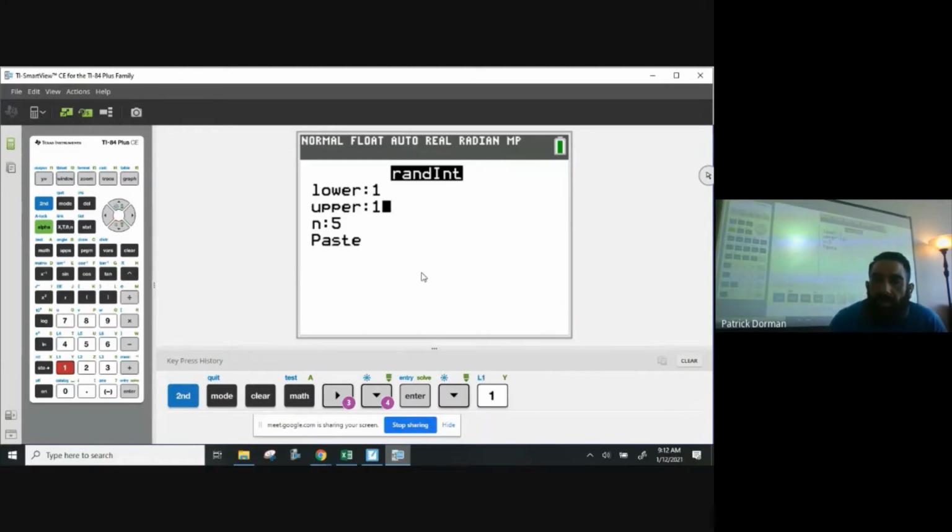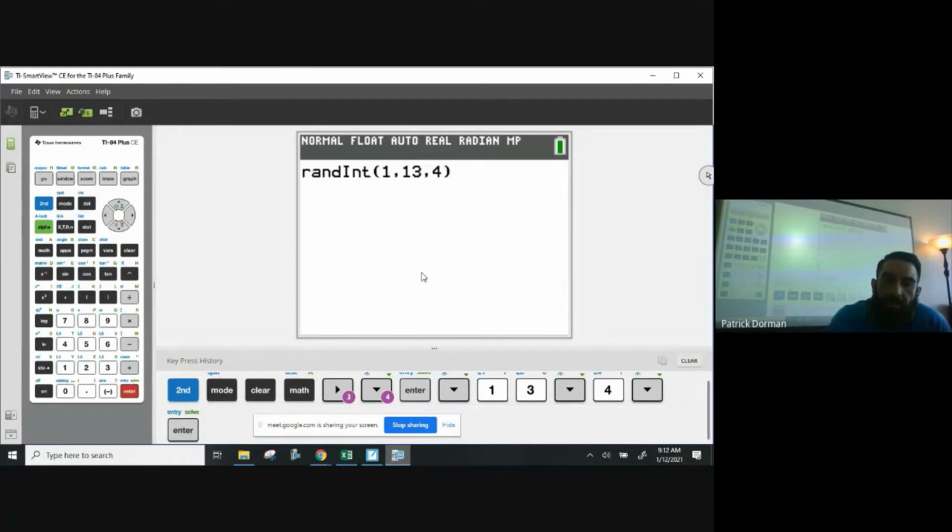So I'll put in 13 there. And what was I saying? I was saying I was randomly selecting 4 of you. Okay. So I hit enter. It spits this out. And there we go. I selected student number 13, 2, 1, and 8.